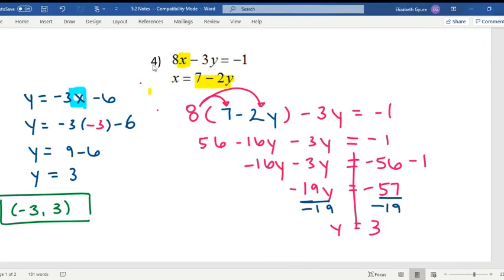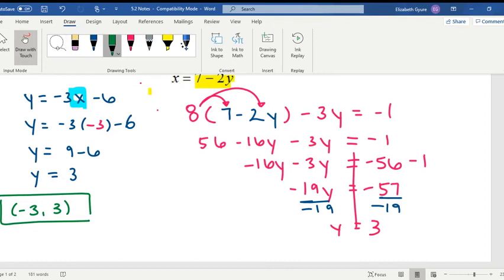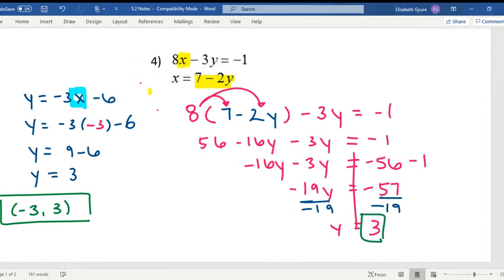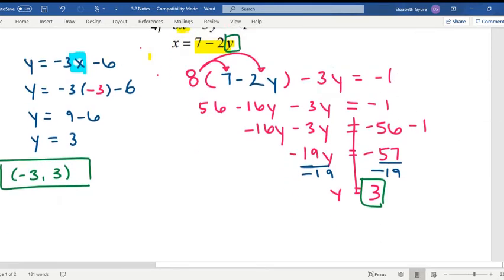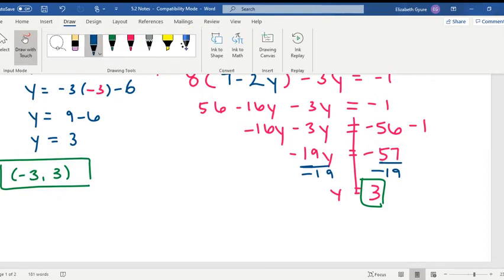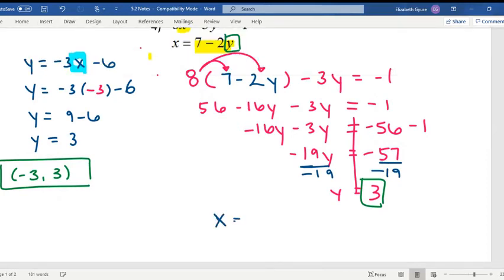X. If you look at this bottom equation, isn't it an x equals? That's how you know it's a little bit easier to plug it in there. So we're going to take this 3 and plug it in where y is in the other equation. Okay, so our equation here is x equals 7 minus 2y.